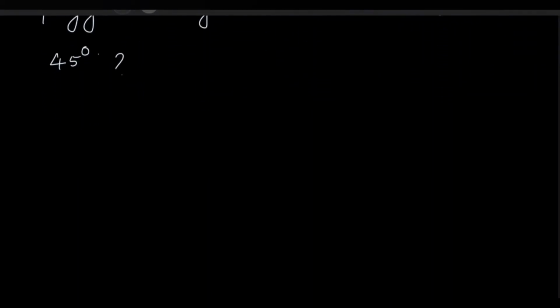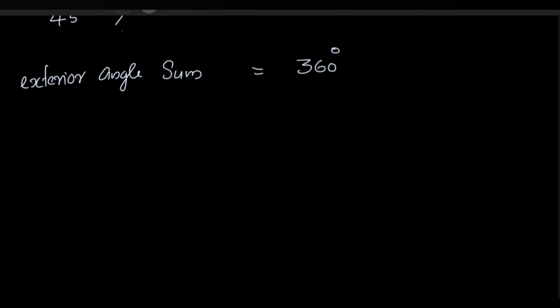We all know the exterior angle sum of a polygon is equal to 360 degrees, whatever the number of sides of the given polygon. One of the exterior angles is given as 45 degrees.